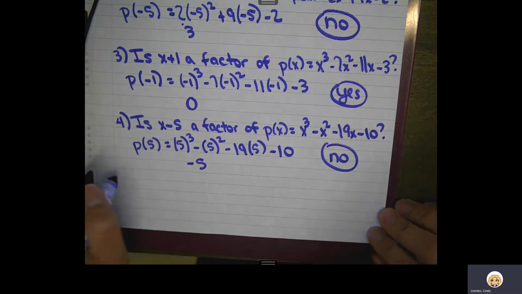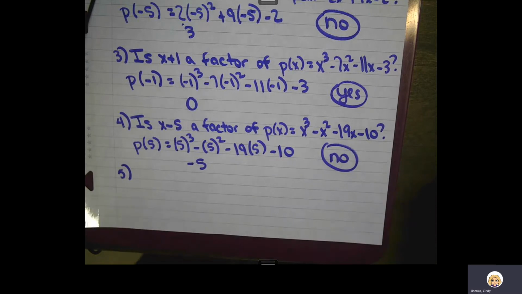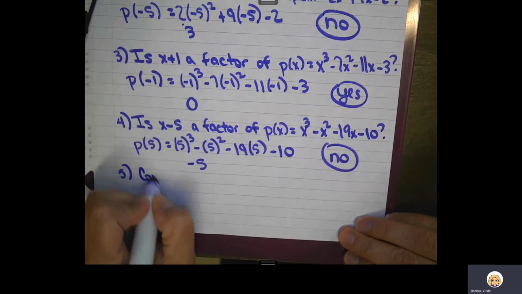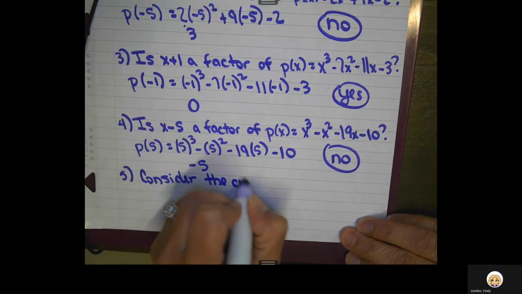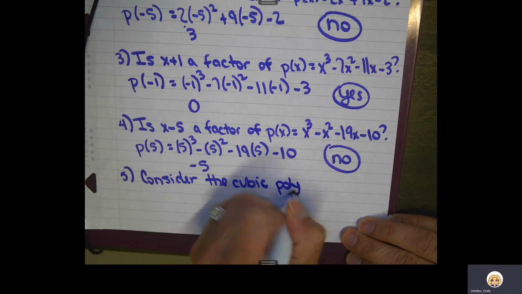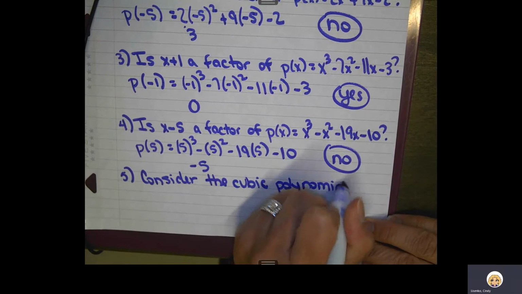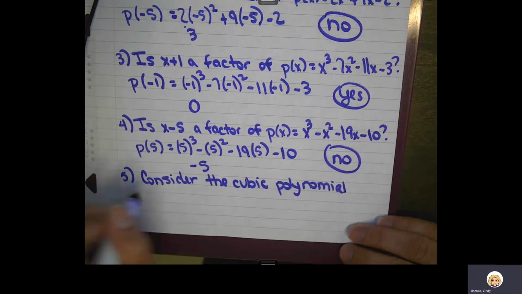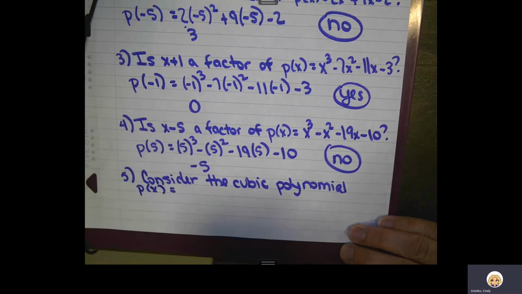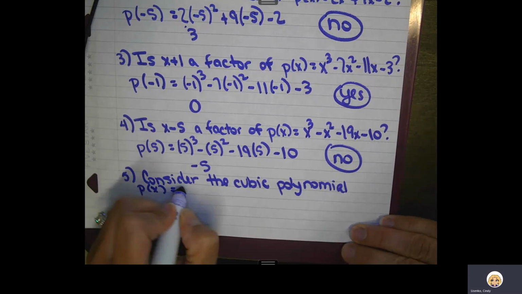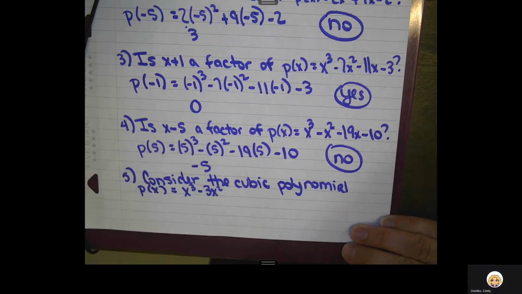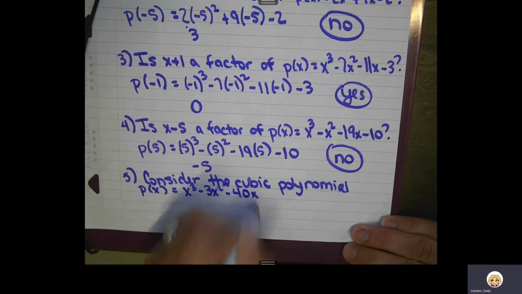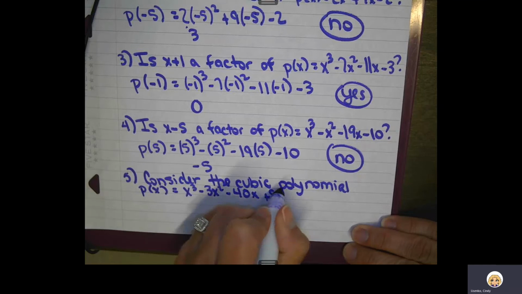And last one. This is number 5. Giving you the wording just because I've seen this on the regions before. Consider the cubic polynomial p of x equals x cubed minus 3x squared minus 40x plus 84.